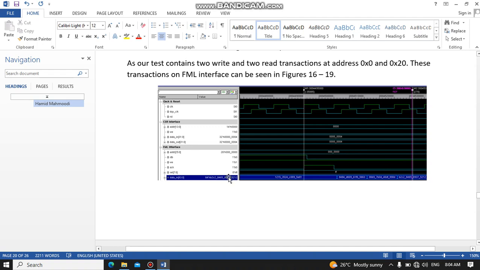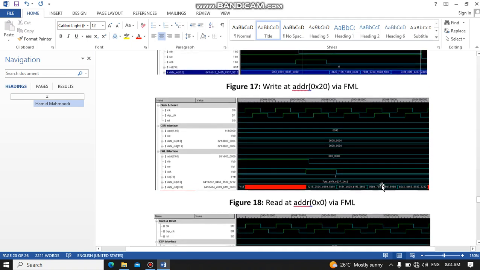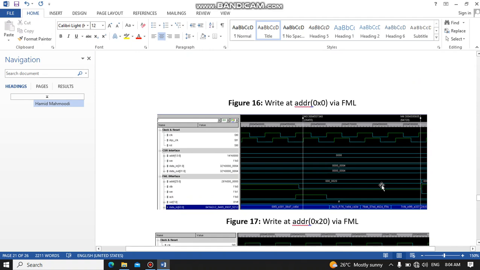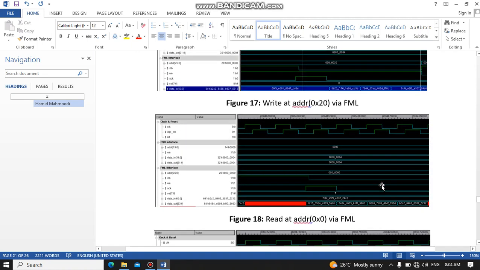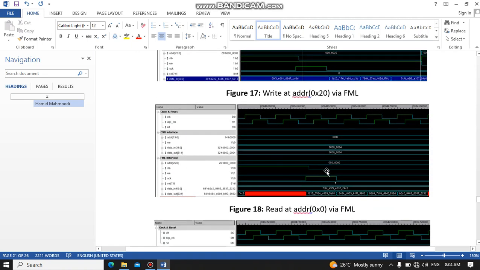How can we show that data is being written? Because we can see that the write enable here is 1. So after writing this data, now see what we get when we read the data. Here we are reading the data. How are we reading the data? You can see the address is 0 and write enable is also 0.